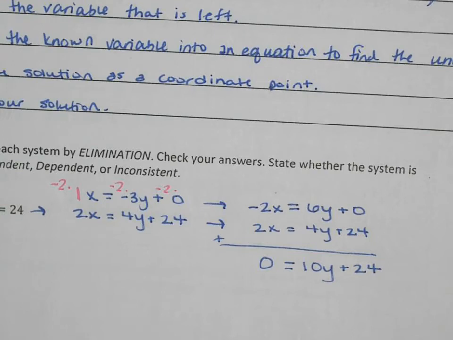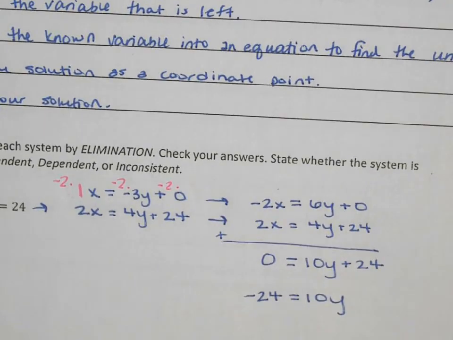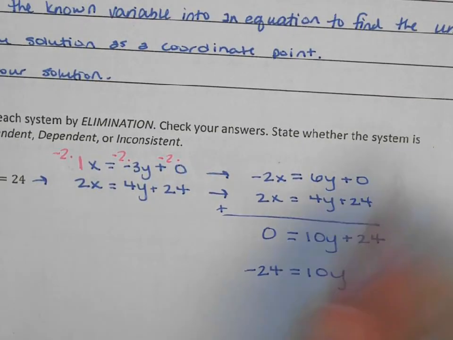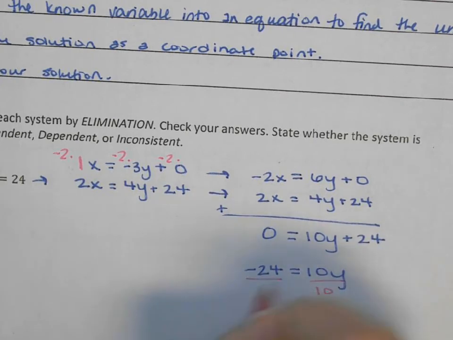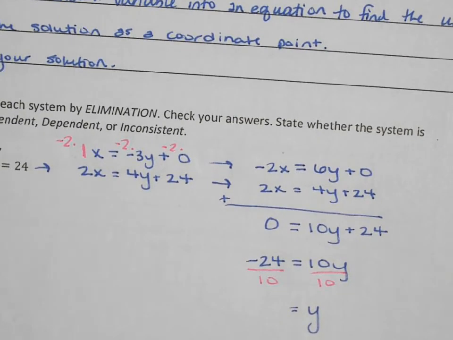Okay. So I have to get y by itself. So subtract 24 on both sides. Divide by 10 on both sides. That's going to reduce negative 24 over 10, negative 12 fifths.